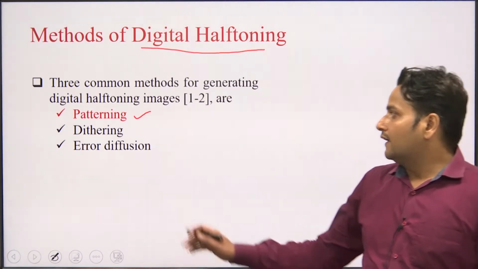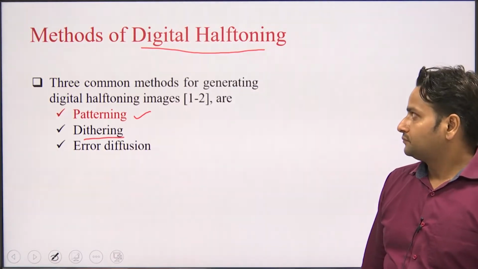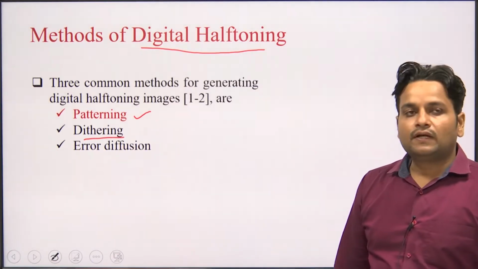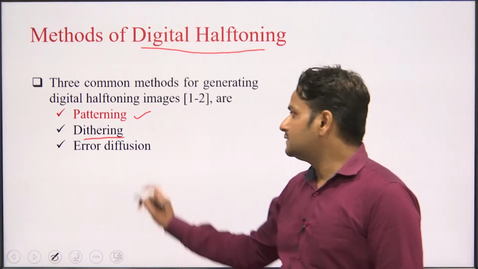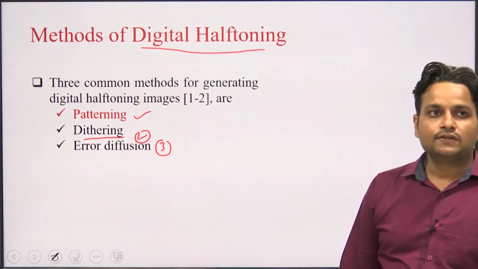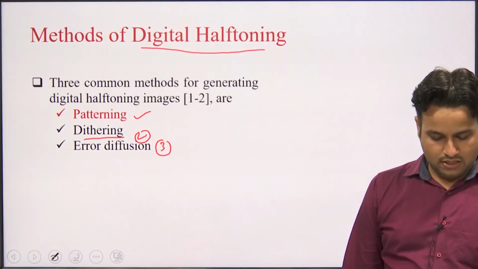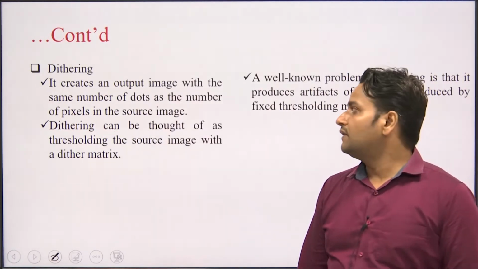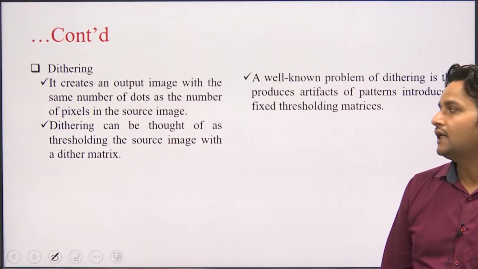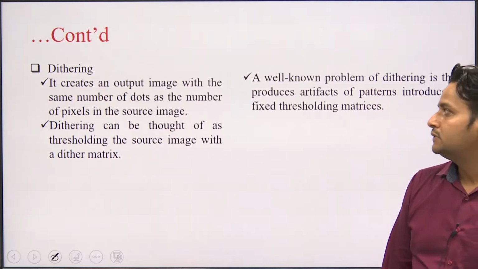In this lecture we will talk about two more digital halftoning methods. The second one is dithering and the third one is error diffusion. So, what is the dithering digital halftoning method? Here is the brief idea of the dithering process.